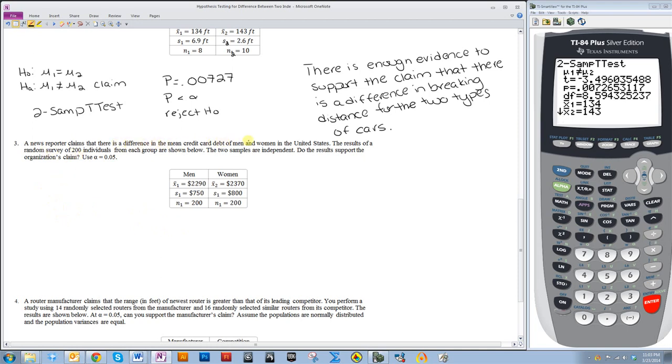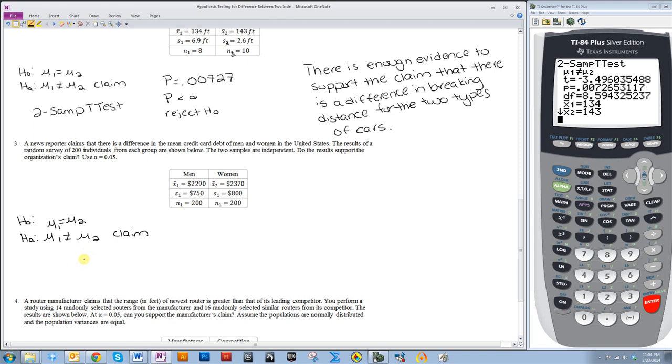That there is a difference, so that's like number 2 that we did, that mu1 is not equal to mu2, and that's the claim. So that's my HA, therefore my HO is mu1 is equal to mu2.